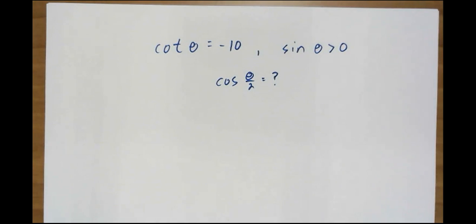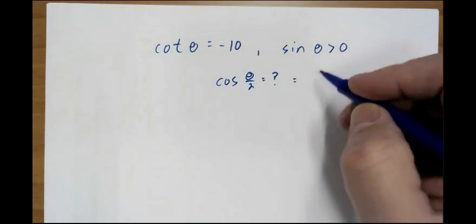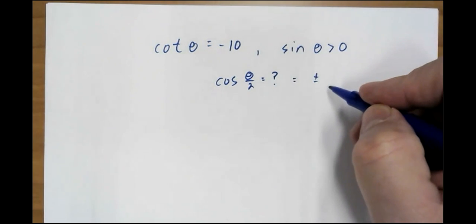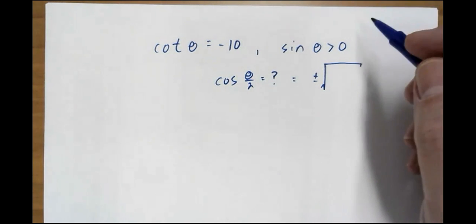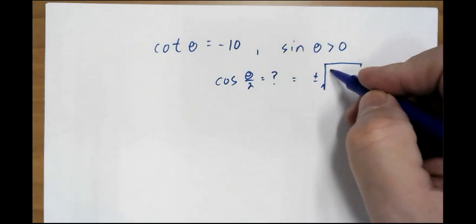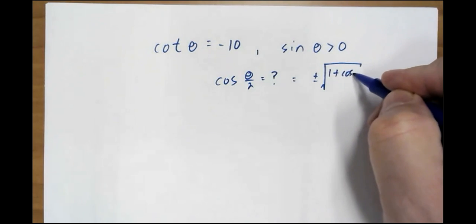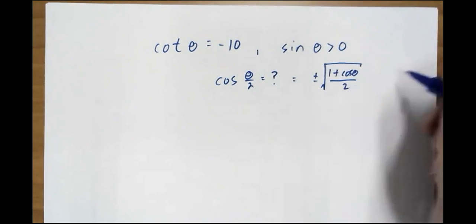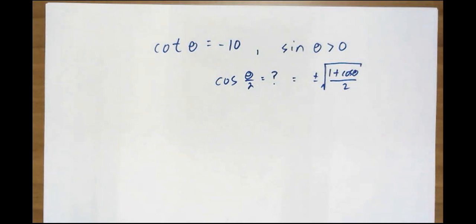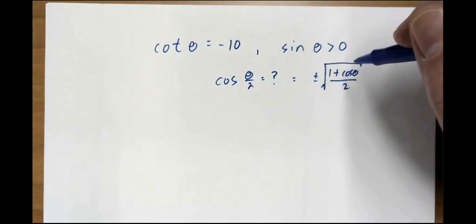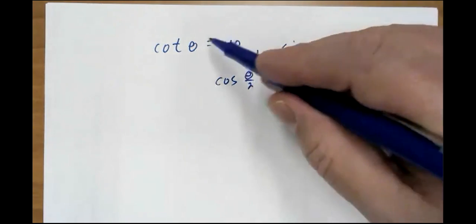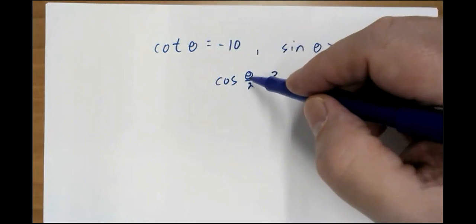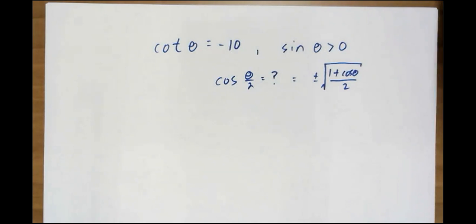So the formula for the cosine of theta over 2 is once again plus or minus square root of 1 plus cosine of theta over 2. Before we worry about finding cosine of theta, let's figure out where theta over 2 is.